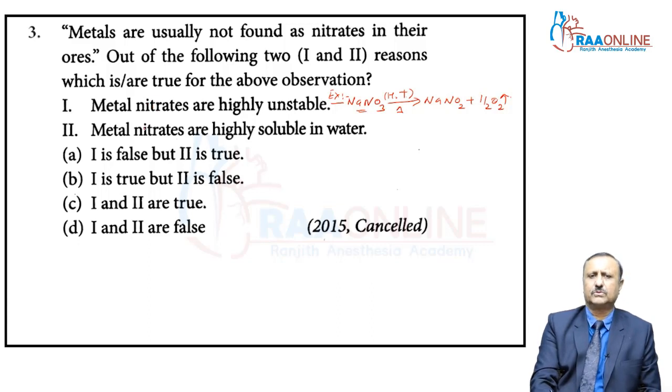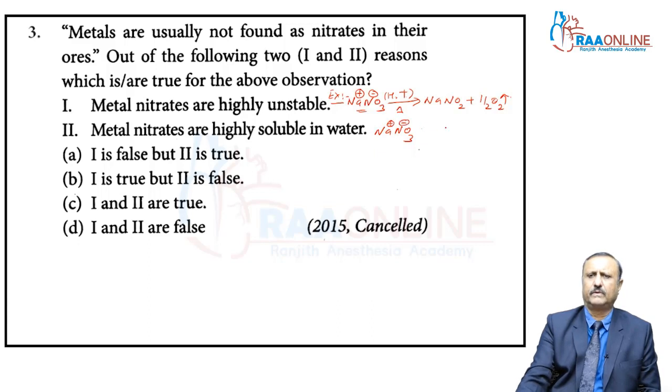Now we can go to the second statement, my dear students. Metal nitrates are highly soluble in water. This NaNO3 is an ionic compound and it is a metal nitrate.